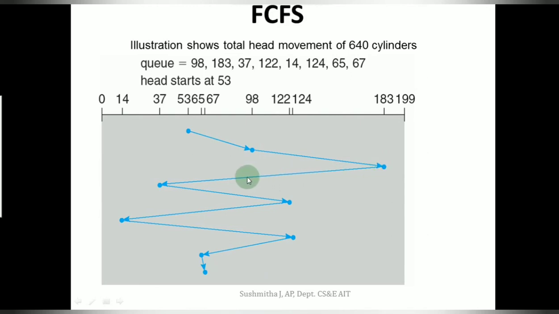From 183 it moves back to 37, and from 37 to 122. From 122 it again moves back to 14. From 14 it moves ahead to 124, and from 124 it moves back to 65 and then 67. This could be one of the problems asked in your internals and externals on disk scheduling, so this representation is required.